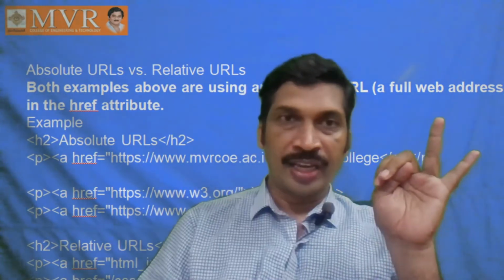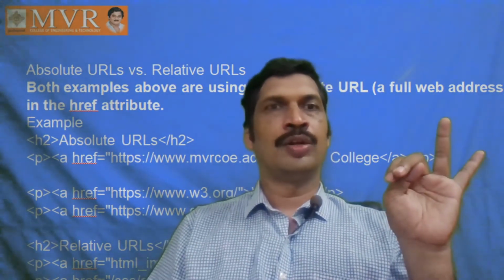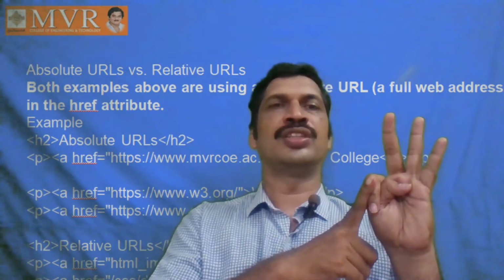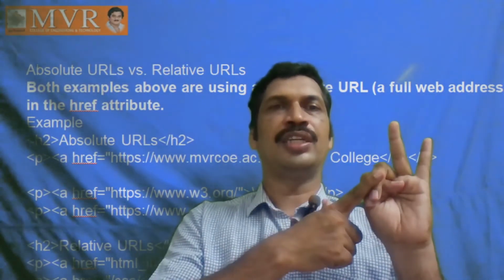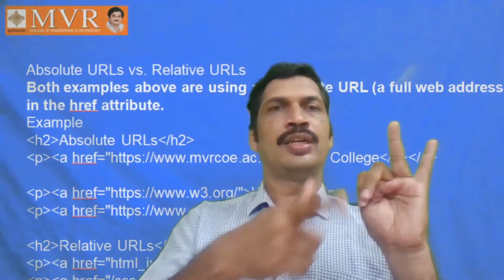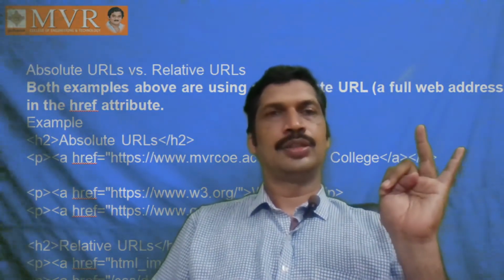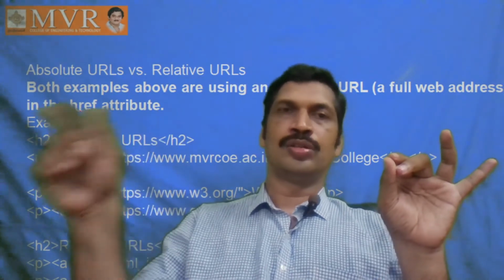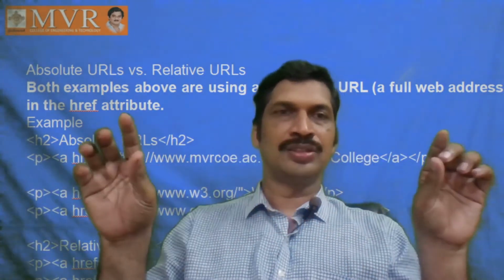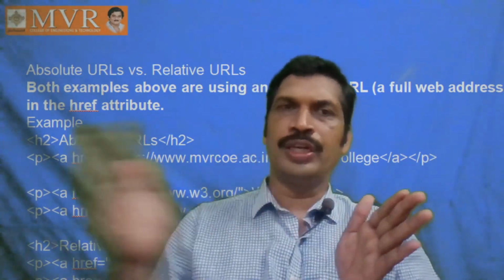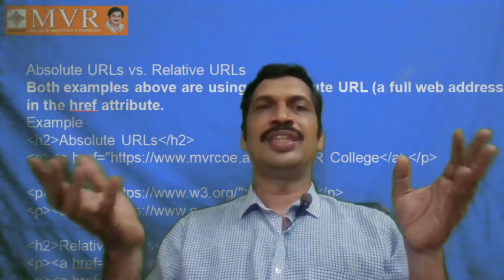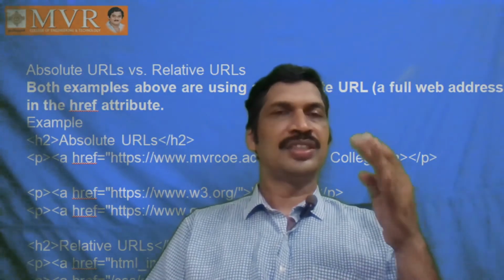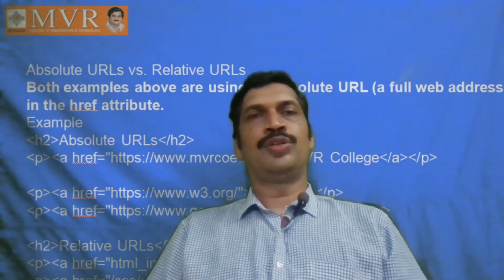The path D:/dir1/dir2/mvr.html is called the absolute path, from starting to ending. It tells where the file is located.